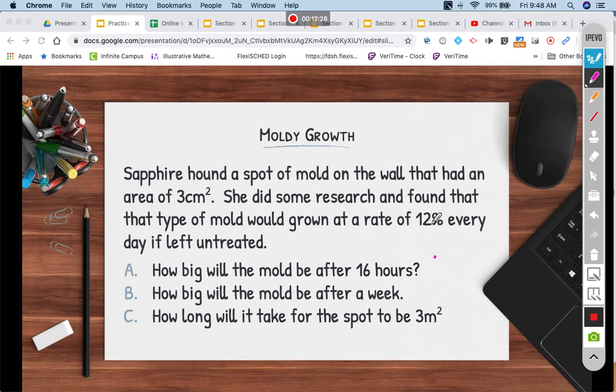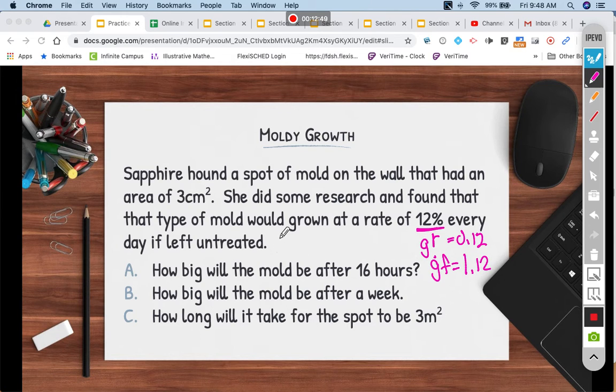Okay, so we have 12% every day. This is not the growth rate factor. This is the growth rate of 0.12. So my growth factor is going to be 1 plus the growth rate. It's 1.12.